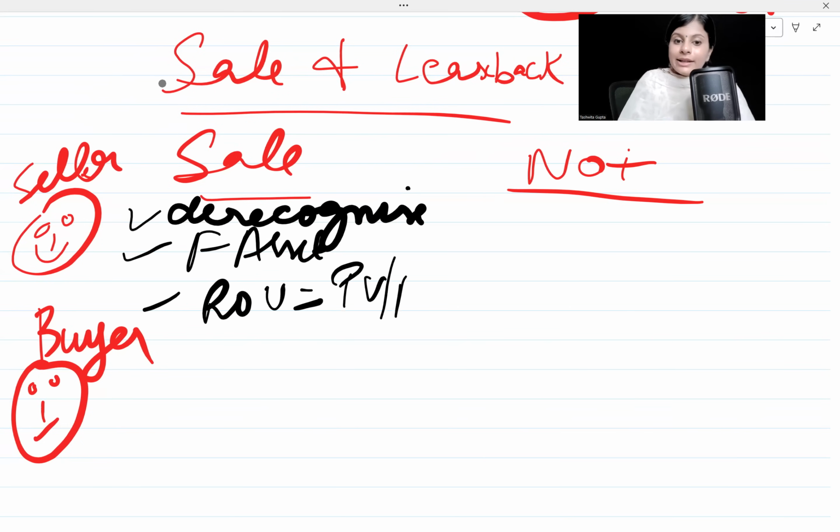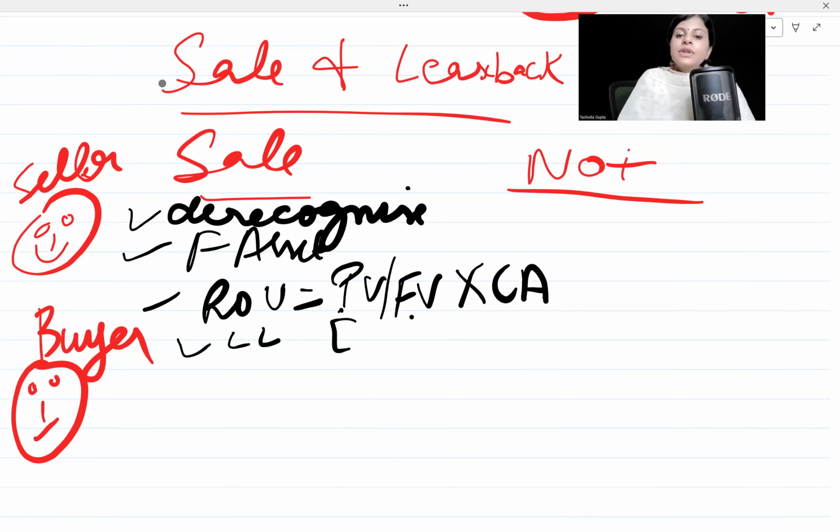You need to retain this. PV, that is present value of lease payments, divided by fair value, into carrying amount. So PV over FV into CA. And you create a lease liability, which also gives you a profit or loss on disposal, right? So this is what you do when the transfer is a sale, and that's what you do in the books of seller.